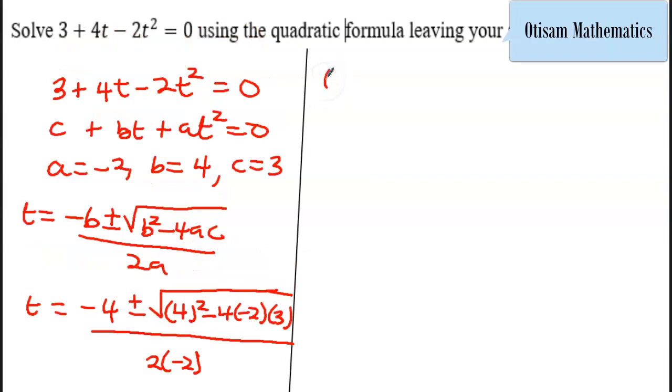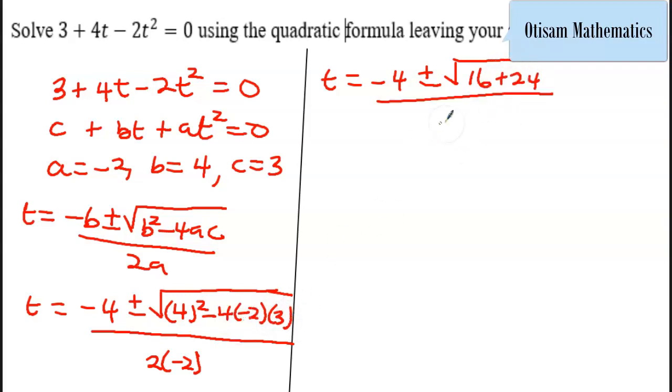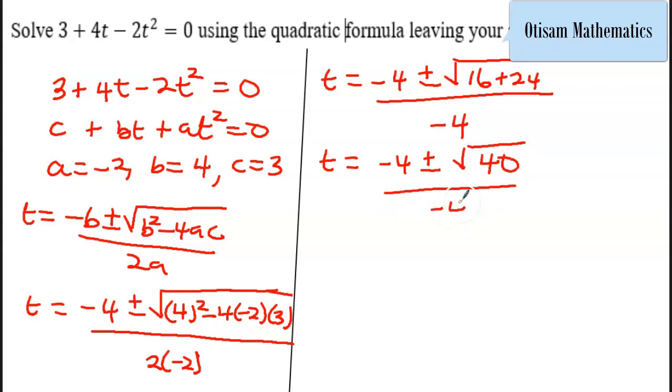So t will be equal to minus 4 plus or minus the square root of 4 squared, which is 16, then minus 4 times minus 2 times 3, which is plus 24, all over 2a, which is minus 4. So t will be equal to minus 4 plus or minus the square root of 16 plus 24, which is 40, over minus 4.